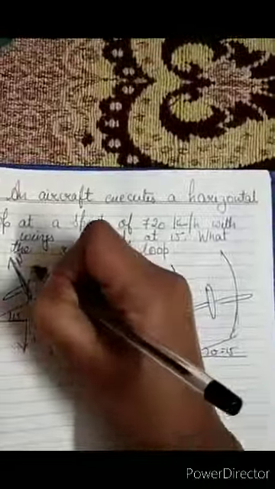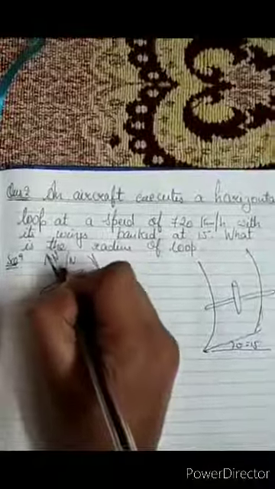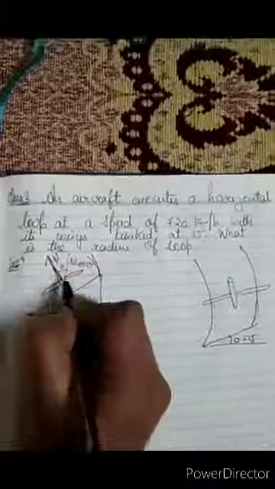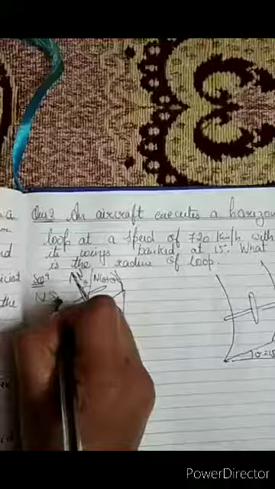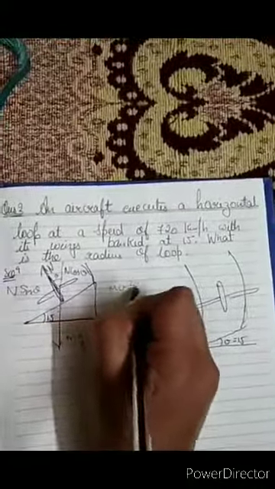This is my mg component, and with the same height I got this angle, and since this is theta, this is N cos theta, and this would be my N sin theta, and this would be mv square by r.